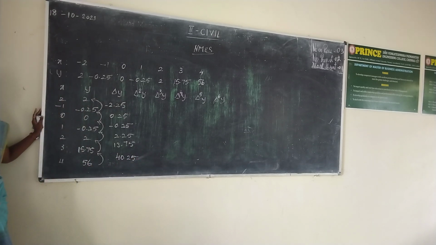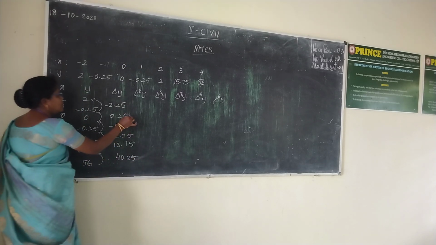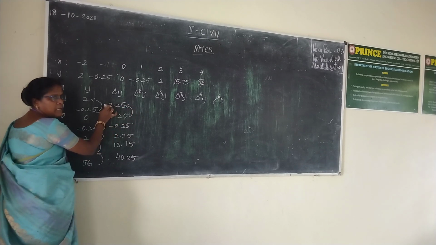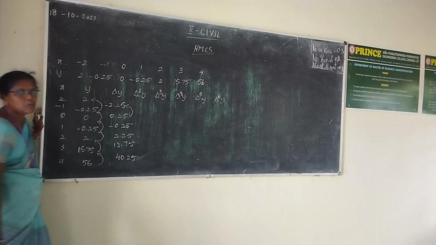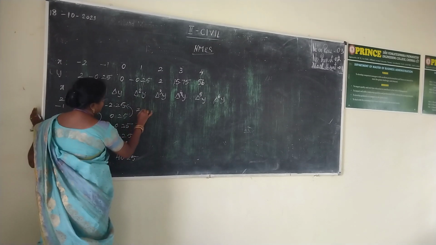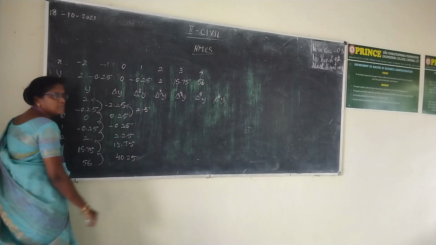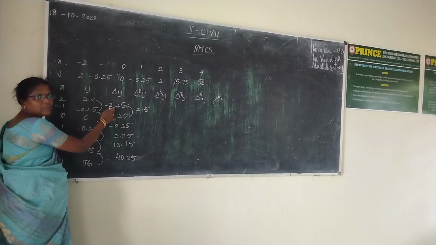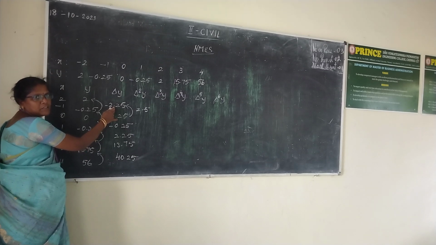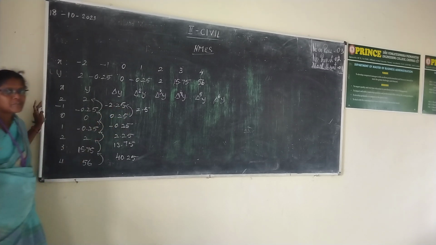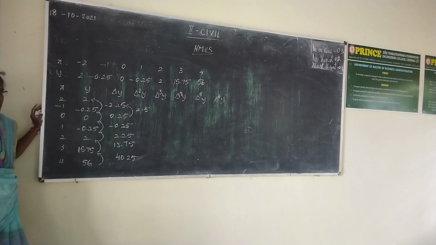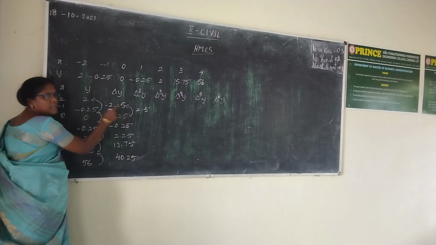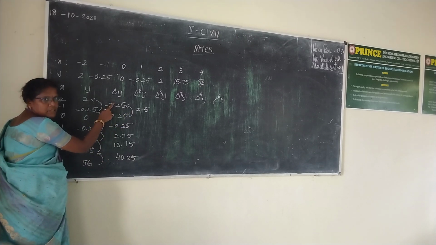Everyone completed? Second difference. 0.25 minus (-2.25): minus into minus becomes plus, so 2.5.